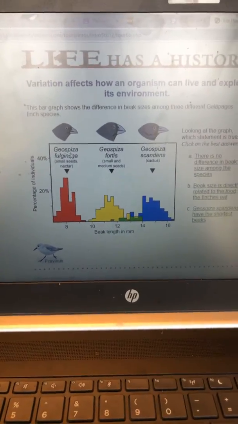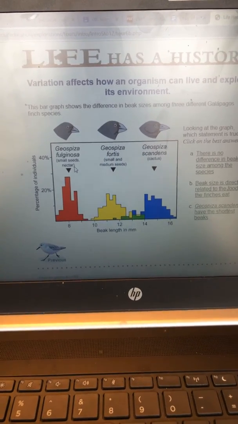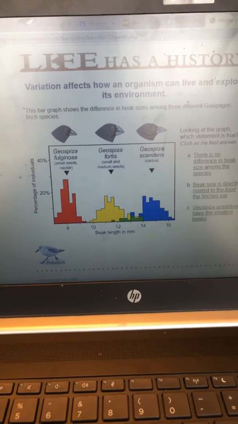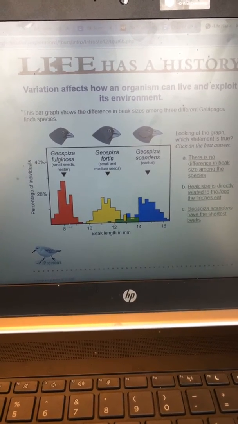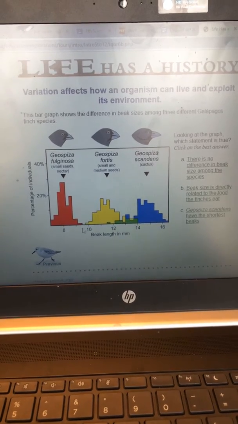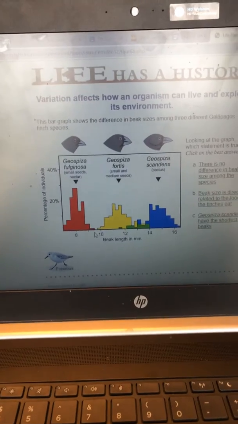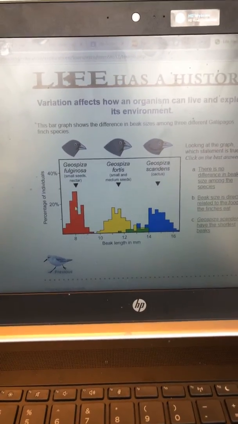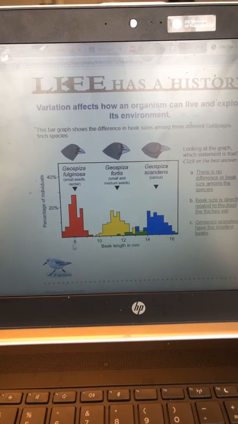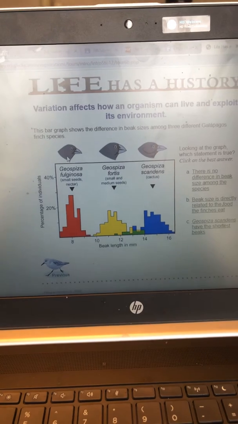All right, so here we have Geospiza fuliginosa, small seeds and nectar. This is their beak length in millimeters. So this guy's beak doesn't get much bigger than 9.5 millimeters. But most of them are just a little over 8, because this is the number of individuals of this species.